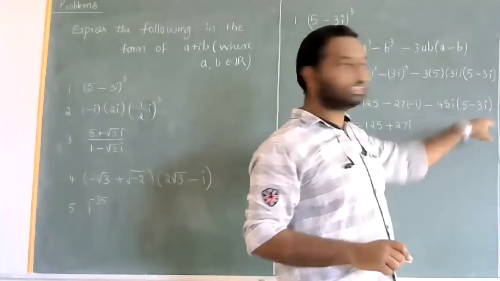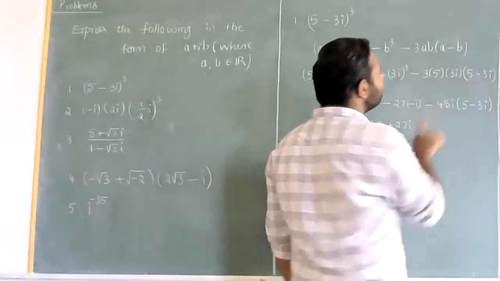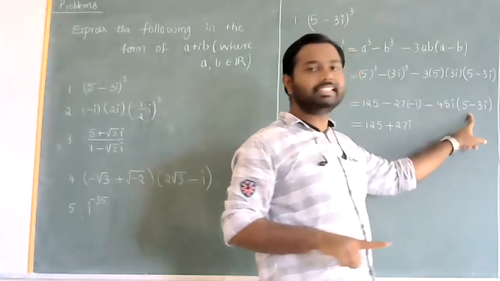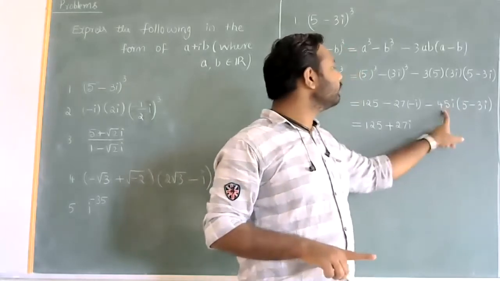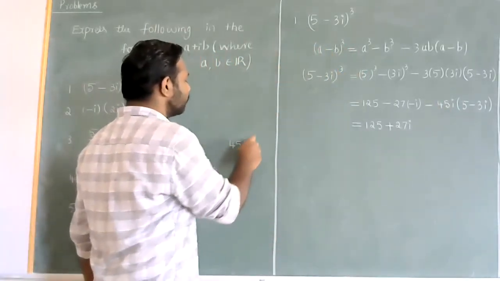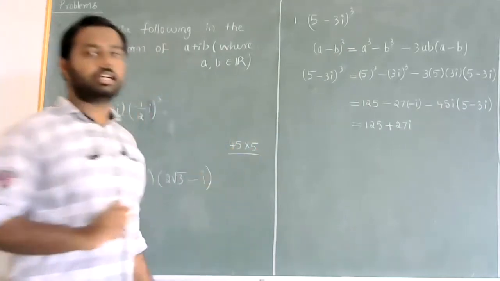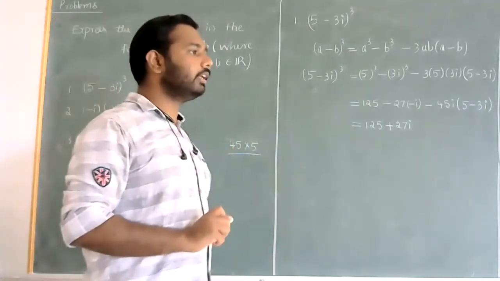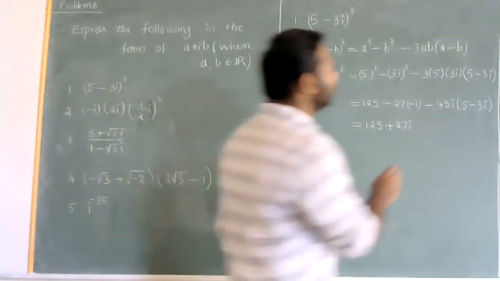So multiply this inside. 45 5s are how much? 45 2s are 90, 90 plus 90 is 180, 225. Right?